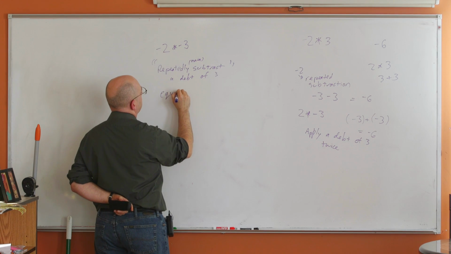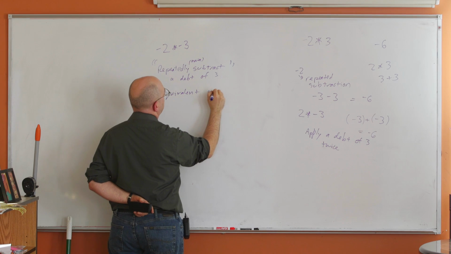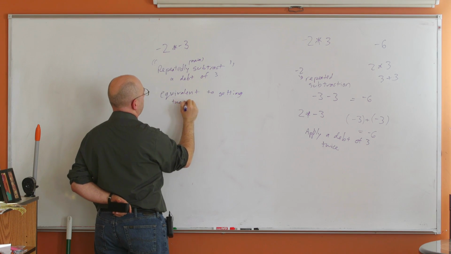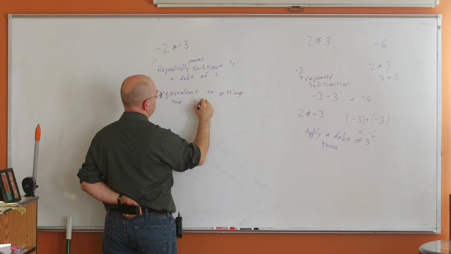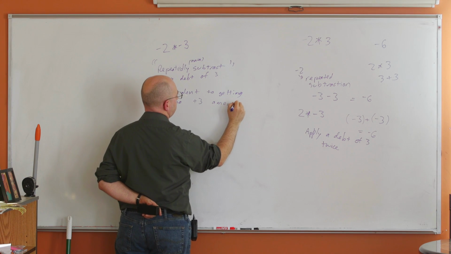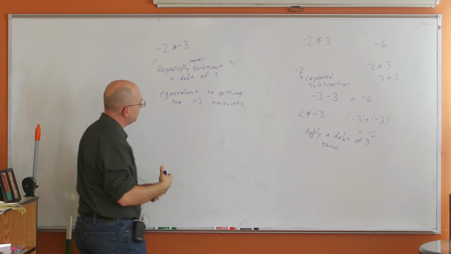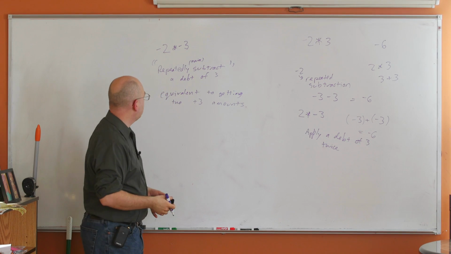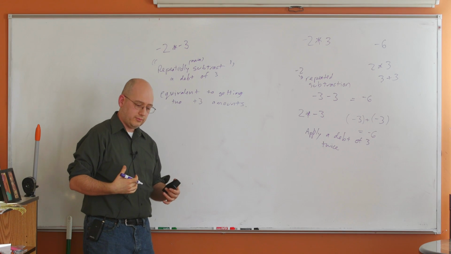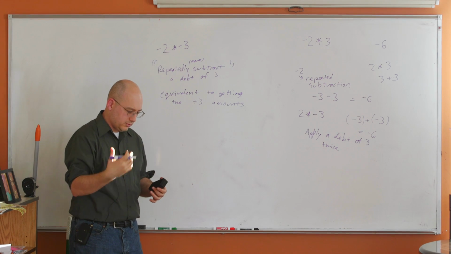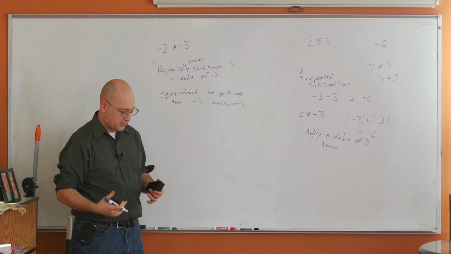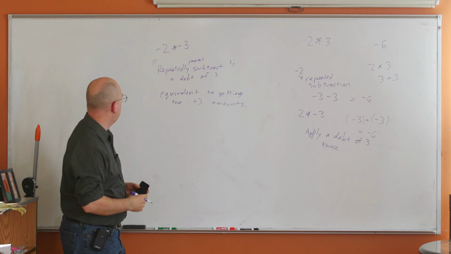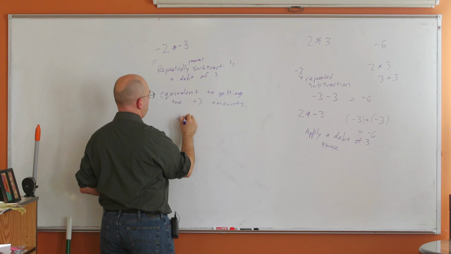Equivalent to getting 2 plus 3 amounts. So if I'm in debt $10 and somebody removes $3 of my debt once and then twice, now I'm only in debt $4. So that's why it's plus 6.